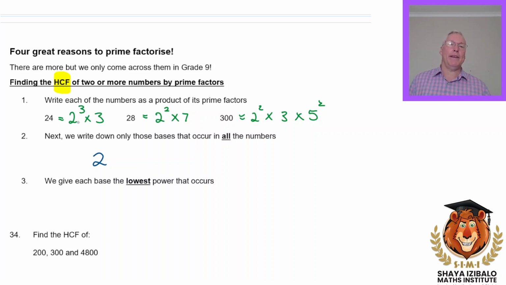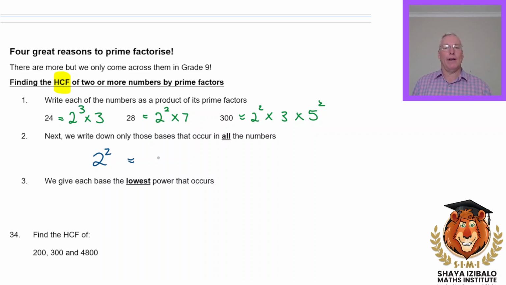So what we do is we write down any bases that occur in all the numbers. And now, we want the highest common factor. Unfortunately, we can't go with 2 to the 3. 2 to the 3 would work fine here, but it wouldn't divide into there because that one's only got 2 2's. So we've got to take the smallest number that's in common, and we've got 2 2's there.